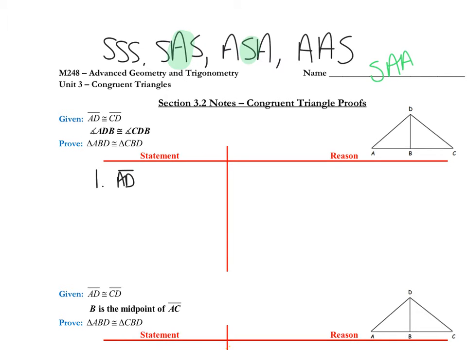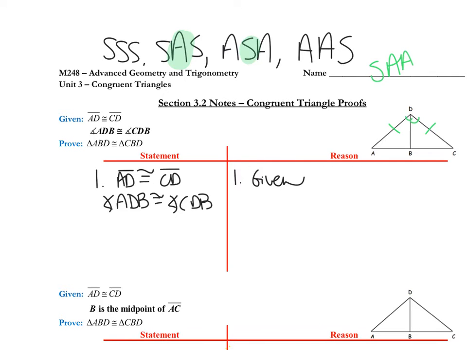AD is congruent to CD, and angle ADB is congruent to CDB. So it is always a good choice to mark your given information on your diagram. So we know AD is congruent to CD, and we know angle ADB is congruent to angle CDB.